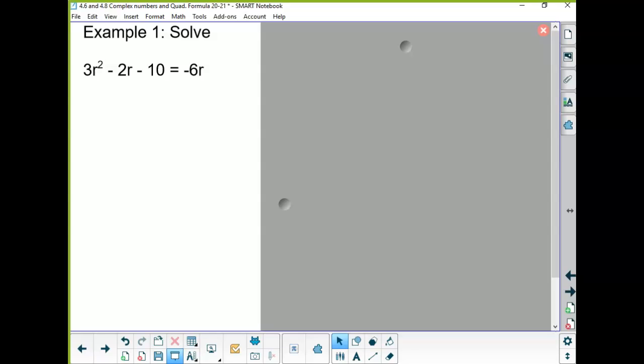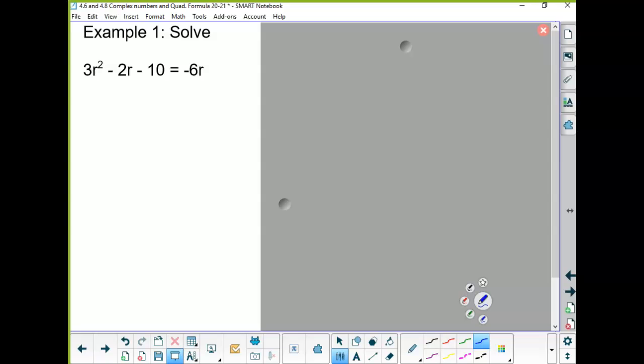So if I tell you to solve this, what's your first step that you're going to do? Get everything on one side. Perfect. Get everything over to one side. And my hint, you don't always have to do this, but my hint is to always keep the value with the squared, so the 3r squared.